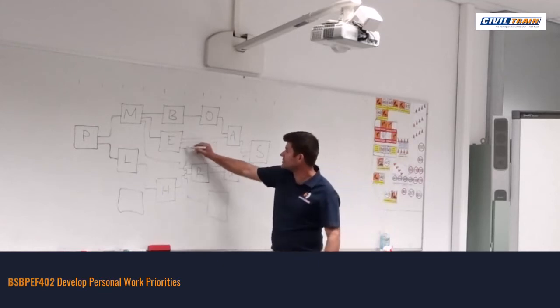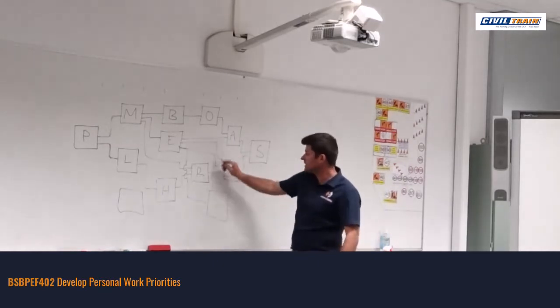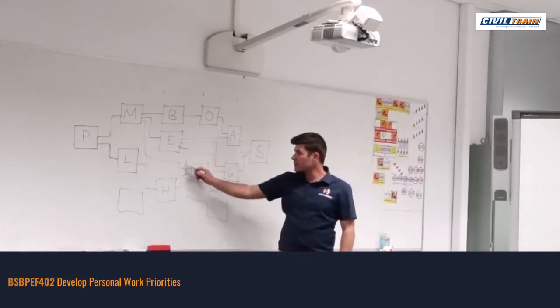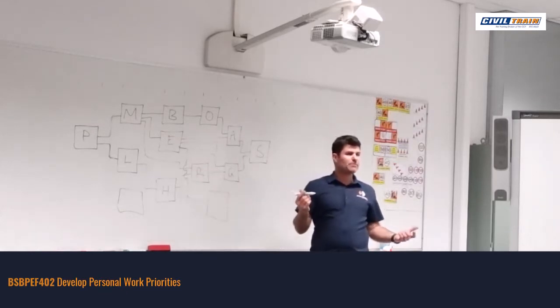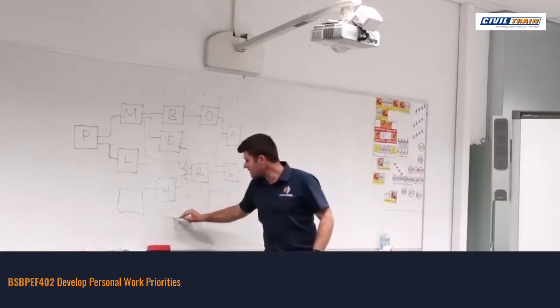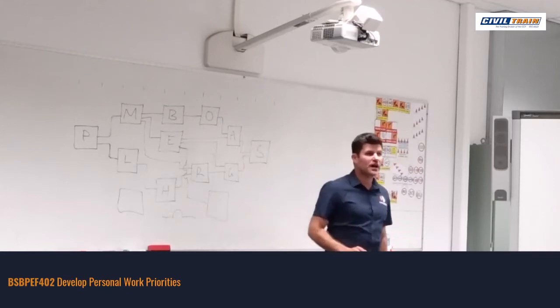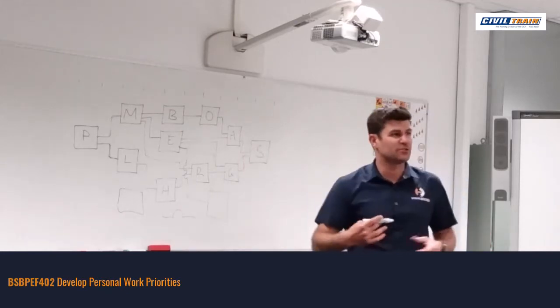If I was to draw it straight across, it gets confusing, but by doing a loop, you can jump across lines. So that's just one way. If you get caught out, just do that, and it makes it very clean and easy.